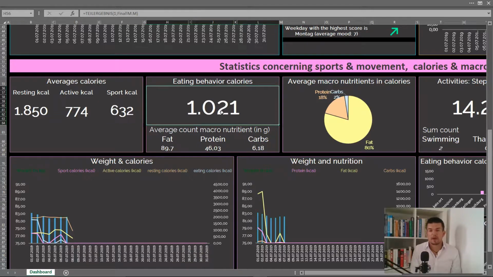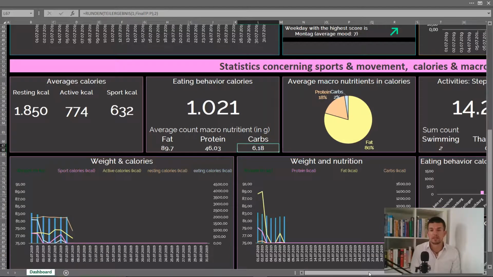Eating behavior is much lower, because I did not collect all the relevant data, so it should be, I think, around 1,800. What we do see is that carbs is at a level of under 10 grams, and the share is 2%, with 18% protein and 80% fat.